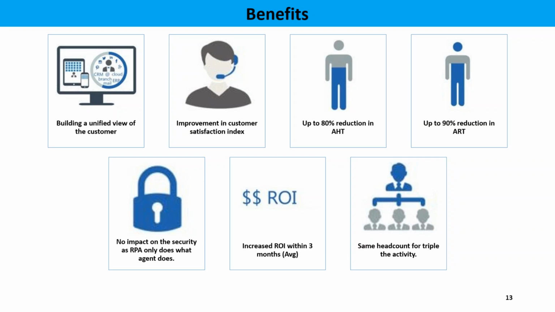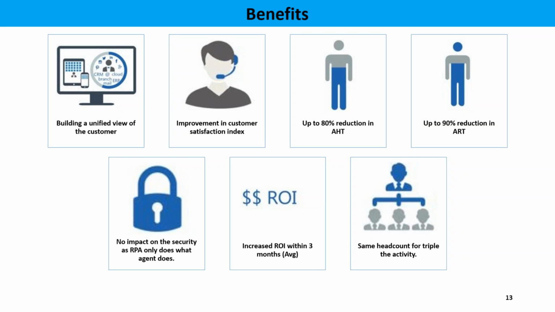The next will be same headcount for triple the activity. The same headcount for triple the activity in the sense, take an example that you have a BPO process which needs to be operated 24 hours, right? In that case, you have to engage 3 people in 8-hour shifts, so you have to pay for 3 people straight away.